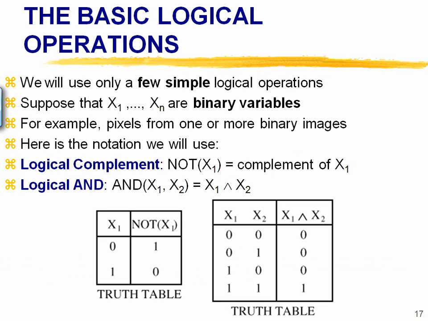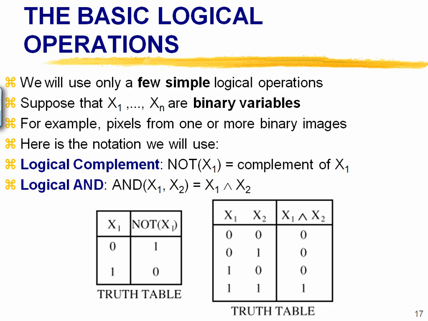So the fundamental operations that we will work with in terms of binary processing, again restricting ourselves to logical operations, are going to be simple things like logical NOT, which is basically the complement of the image that you're working with.